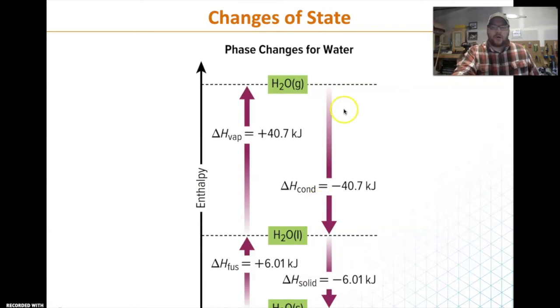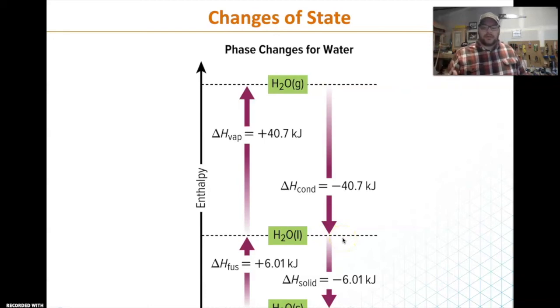So here is water. Here's kind of an illustration of water. The heat of fusion is 6 kilojoules per mole of water. And then you can see that it takes 40 kilojoules to vaporize that same amount of water. That means it has to release 40.7 kilojoules per mole of water in order to condense from a gas down to a liquid.